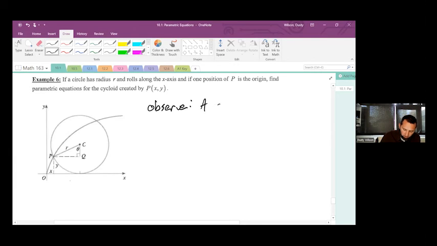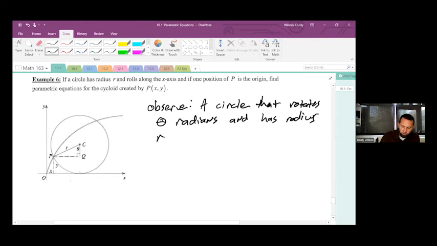So a circle that rotates theta radians and has radius r sweeps out a total arc length of r times theta. Let me make sure you're understanding what's going on here.